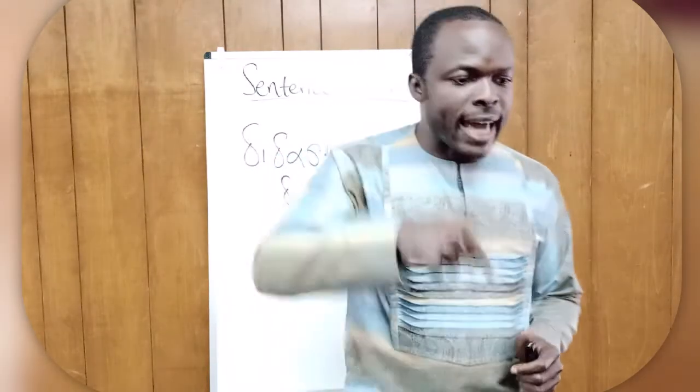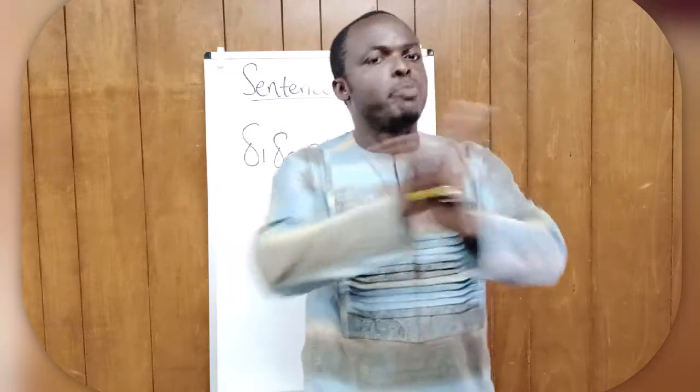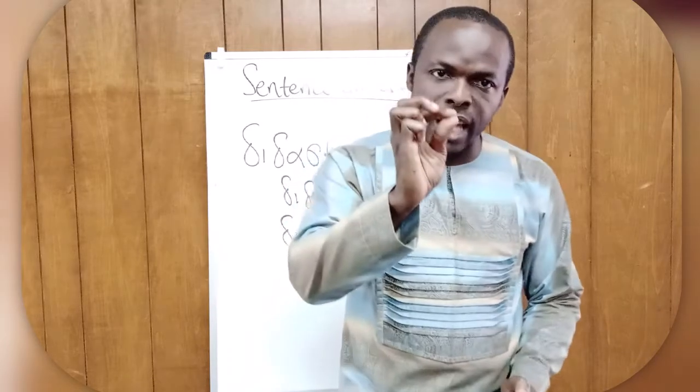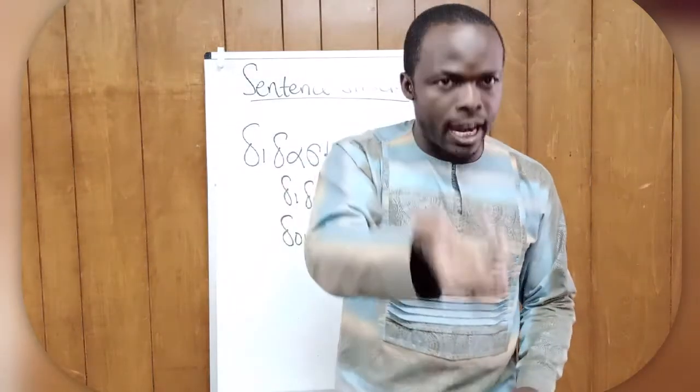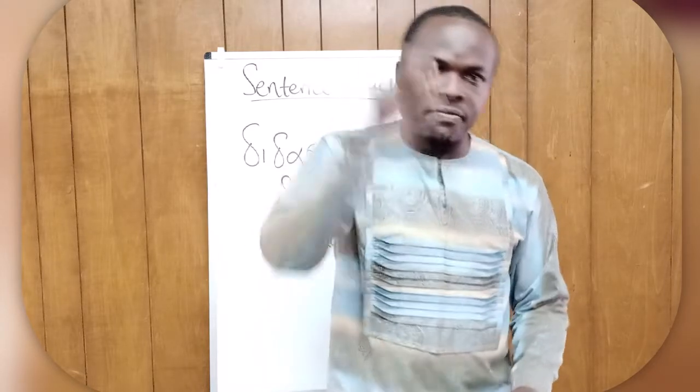I repeat, English indicates the functions of its nouns by the placement of the word in a sentence, whereas Greek does not care where the word is placed. The most important thing is this: find out the ending, find out the verb by its ending, and find out the ending of the indirect object, and then your sentence is done.